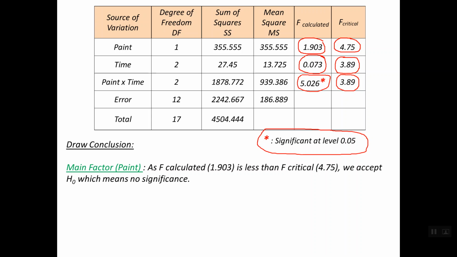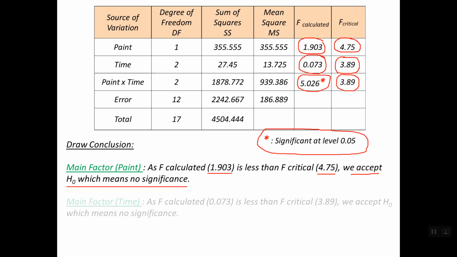So this is the final conclusion for our question. Regarding the first factor, which is the paint, the calculated value is 1.93, less than the critical, so we accept the null hypothesis, which means there is no significance. Regarding the second factor, again, the calculated value is less than the critical one, so again we accept the null hypothesis and we don't have any significance.